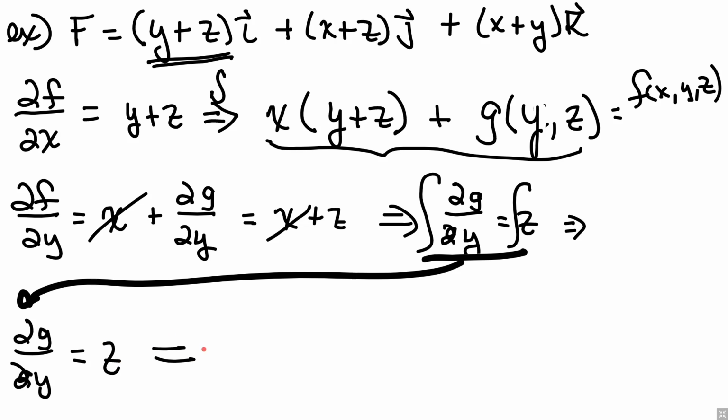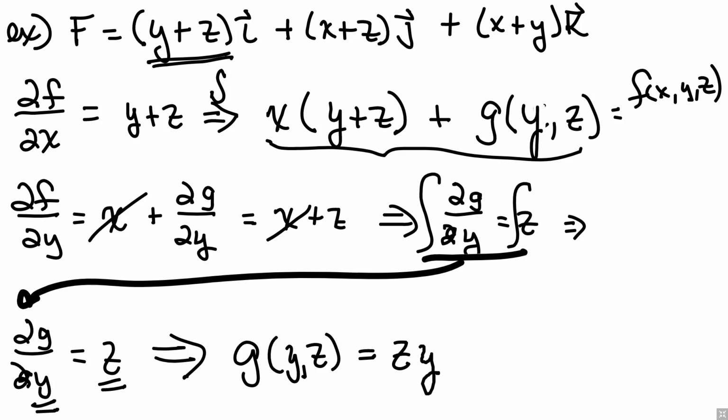If I integrate this, that means that g of y, z is equal to the antiderivative of this with respect to y, which is zy. Now, I'm going to have some new function created, h, which is going to be defined in terms of z.